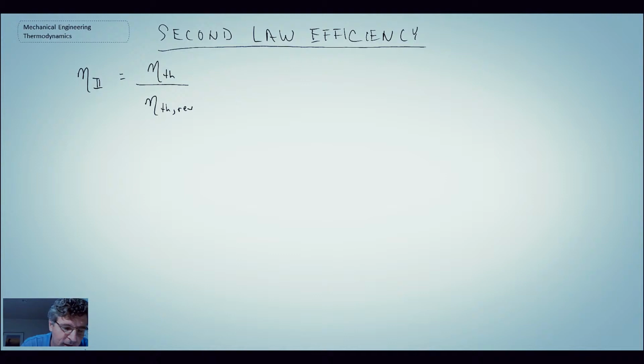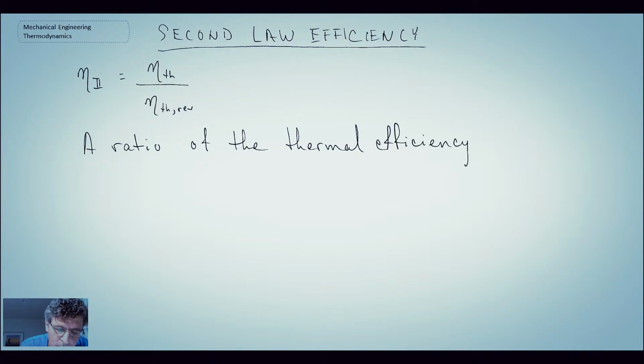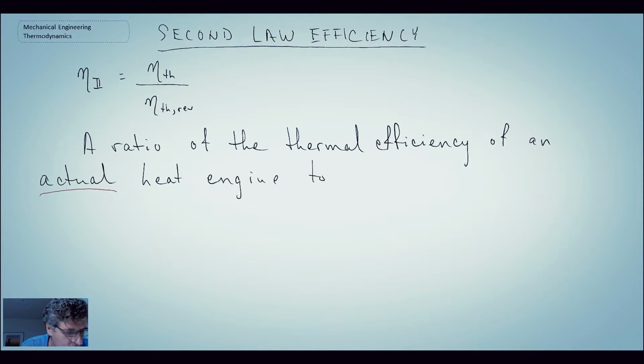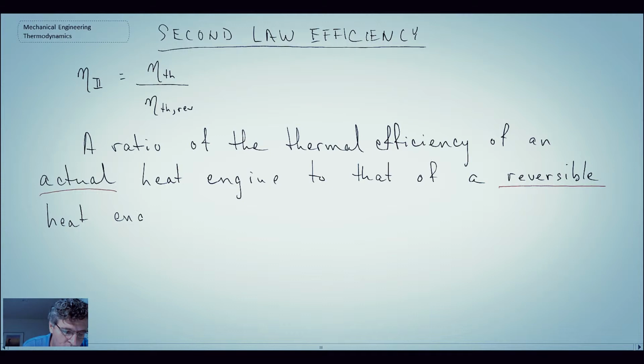So what we can say is that the second law efficiency is a ratio of the thermal efficiency of an actual heat engine to that of a reversible heat engine.